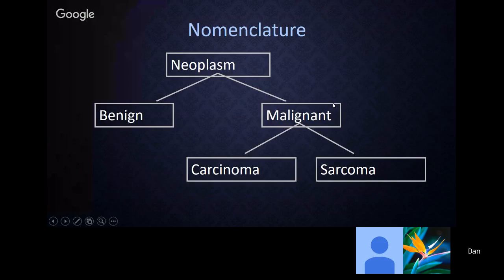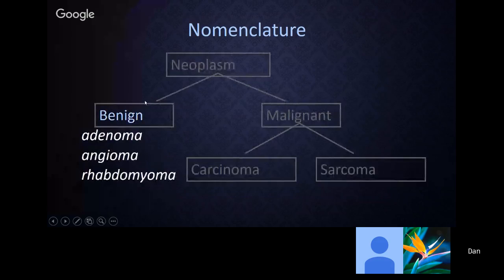Like I said, when you look at a mass, two questions that you ask yourself: is it benign or is it malignant? If it's benign, usually the name will finish with oma. Adenoma, gland tumor; angioma, blood vessel tumors; rhabdomyoma, skeletal muscle tumors.